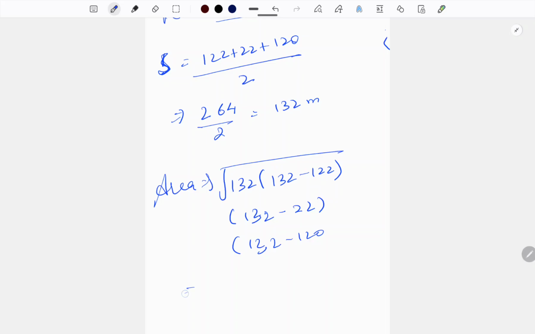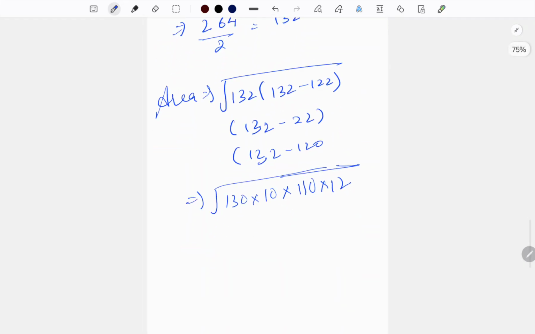Okay, this will come under the root 132 into 10 into 110 into 12. Okay, simple.